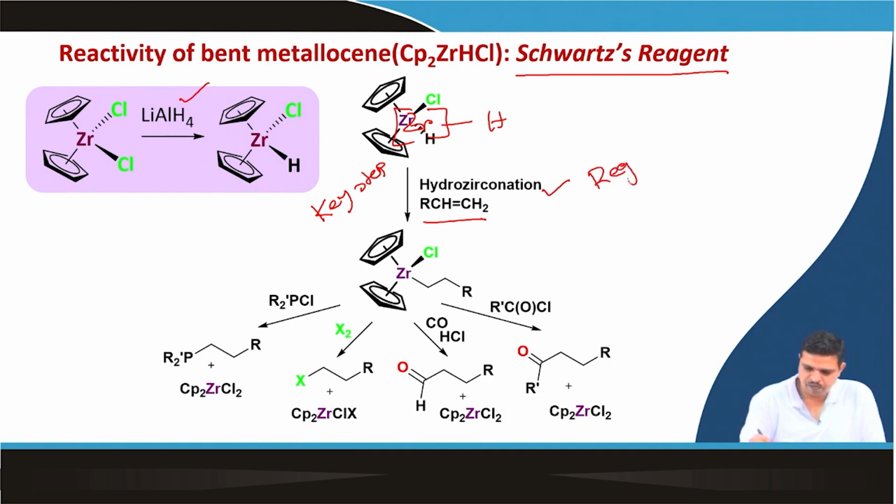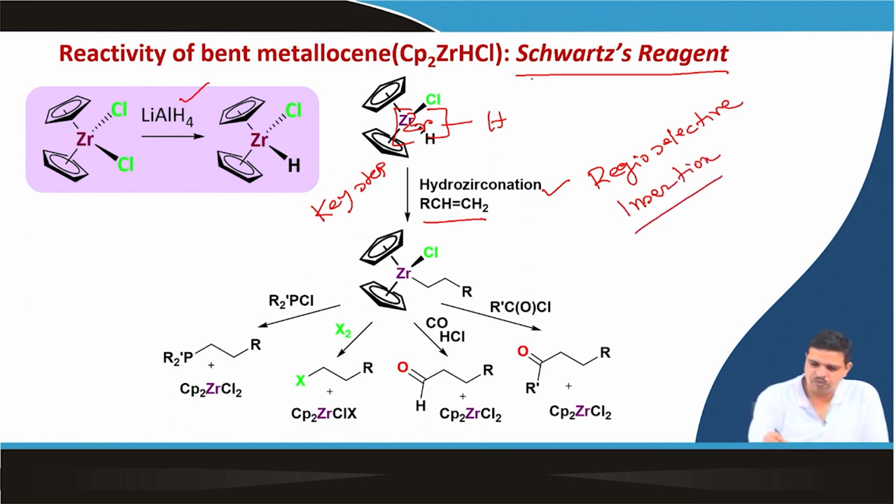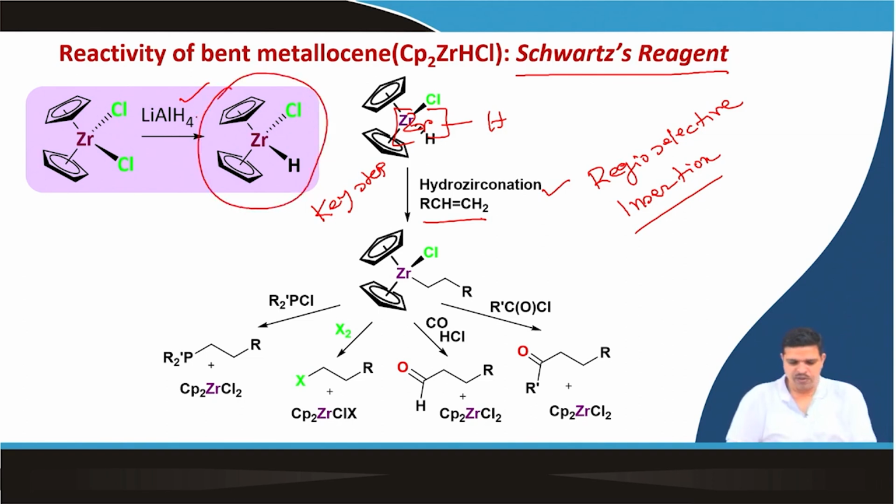So this step is a very key step, the regioselective insertion reaction, and this is very popularly called the Schwartz reagent, used in organic synthesis. You see how this alkene is converted to different functionalized alkanes.